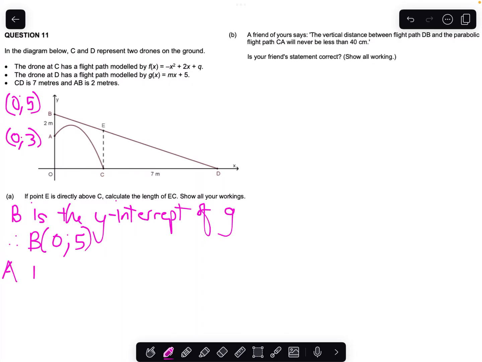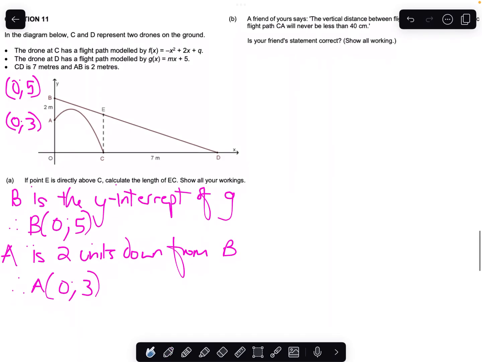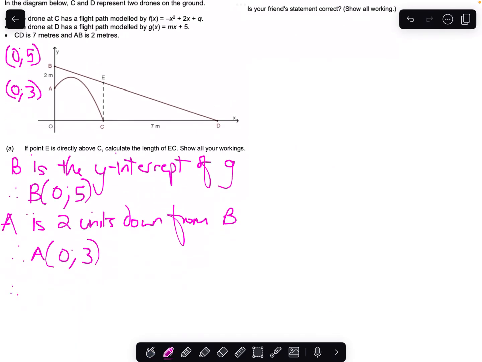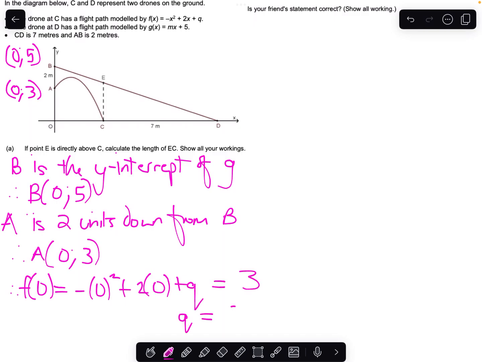A is 2 units down from B, therefore A will be 0, 3. And so therefore f of 0, which is minus 0 squared plus 2 times 0 plus q, is equal to 3. So that means q is equal to 3.